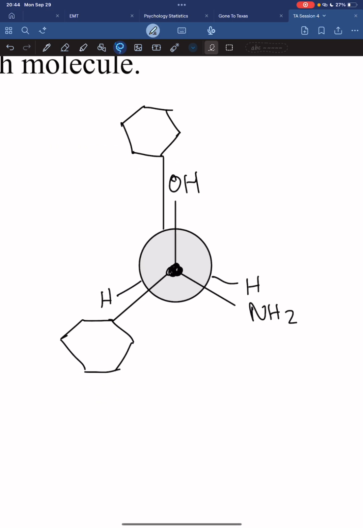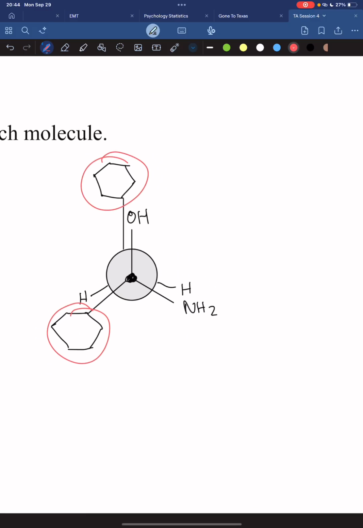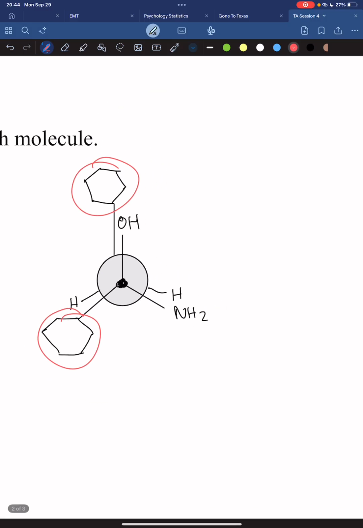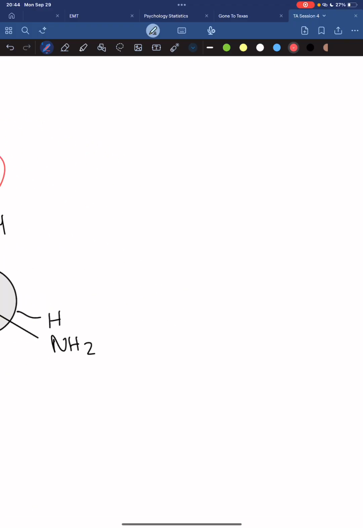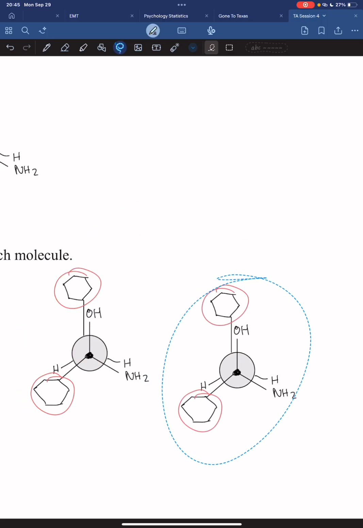And let's see. So what are our biggest substituents in the front carbon? It's going to be this cyclohexyl group, and in the back it's the same idea. The only other two are hydrogens. They're small. They're not going to be very sterically hindered. So we want to separate those cyclohexyl groups as much as we can. So let's go ahead and draw what that looks like.